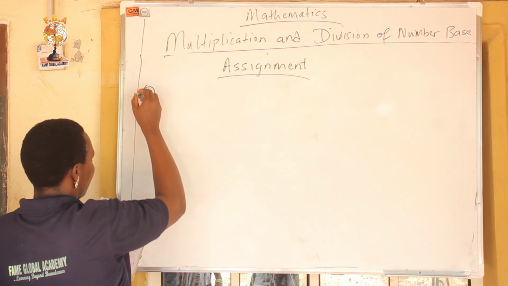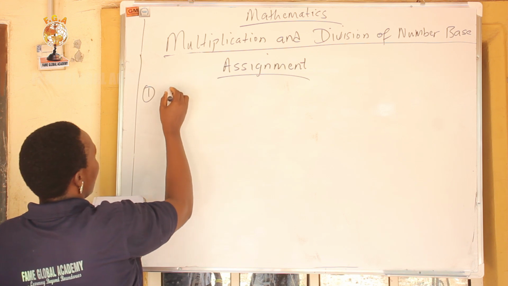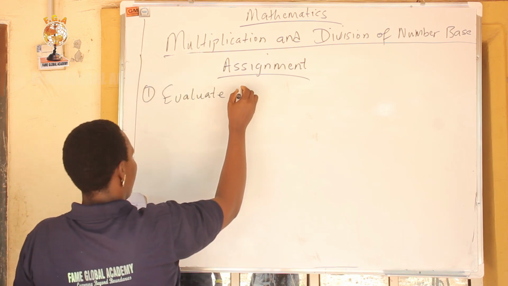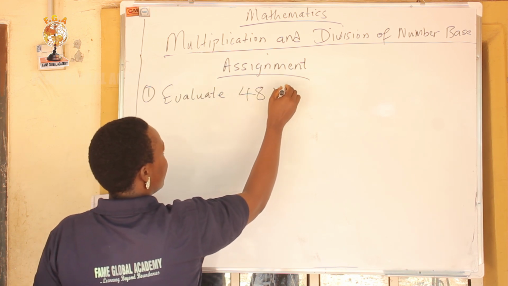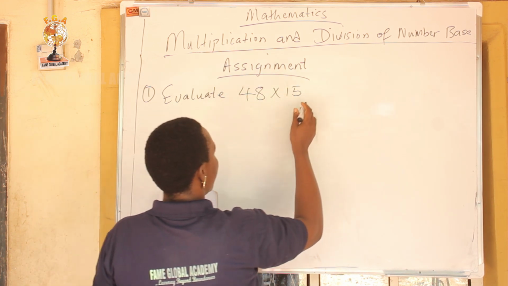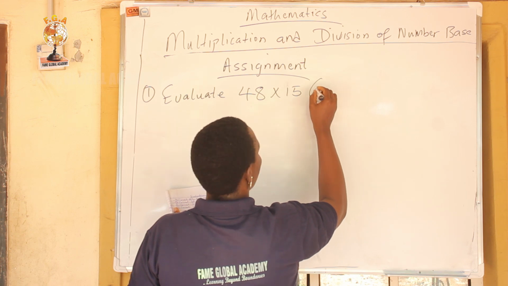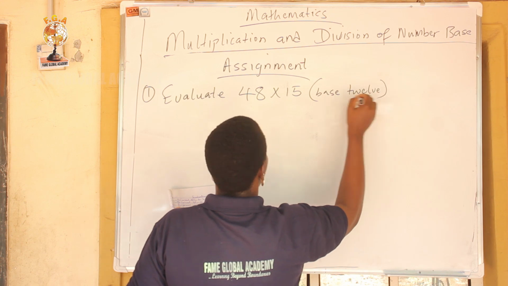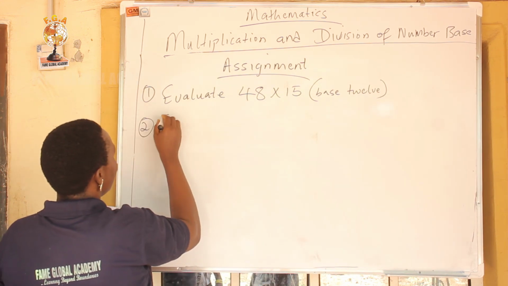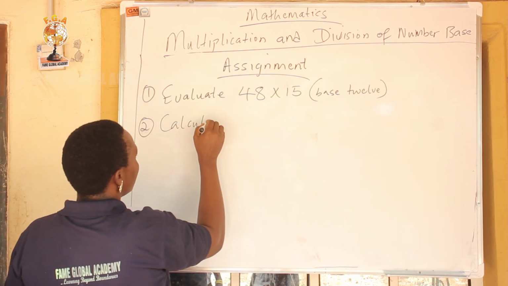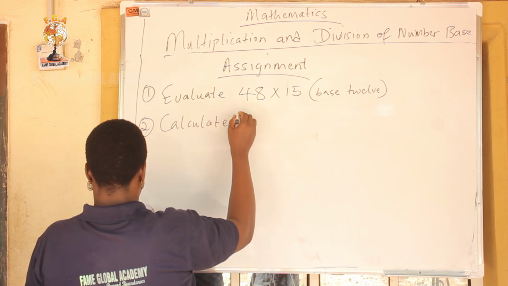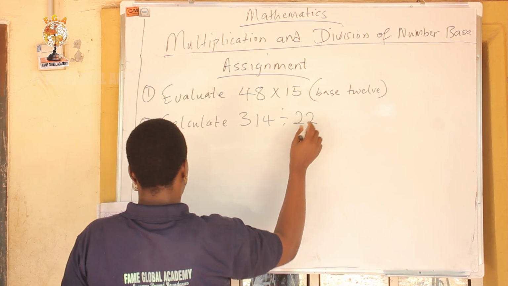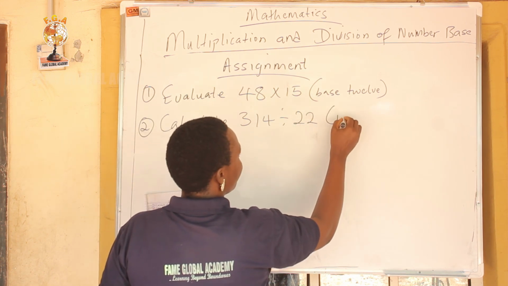We have question 1, which says evaluate 48 times 15 in base 12. And question 2 says calculate 314 divided by 22 in base 5.